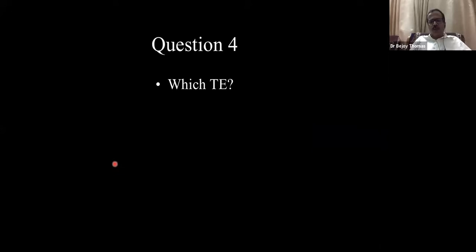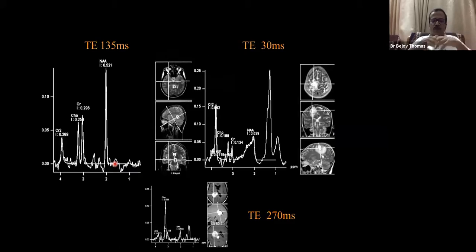You would have already heard of using low TE, intermediate TE, and high TE, where TE is time to echo, which is used in spectroscopic methods. Why do we need to do that, and which TE is important? If you are doing only one spectroscopy acquisition, different people choose depending on the clinical case.